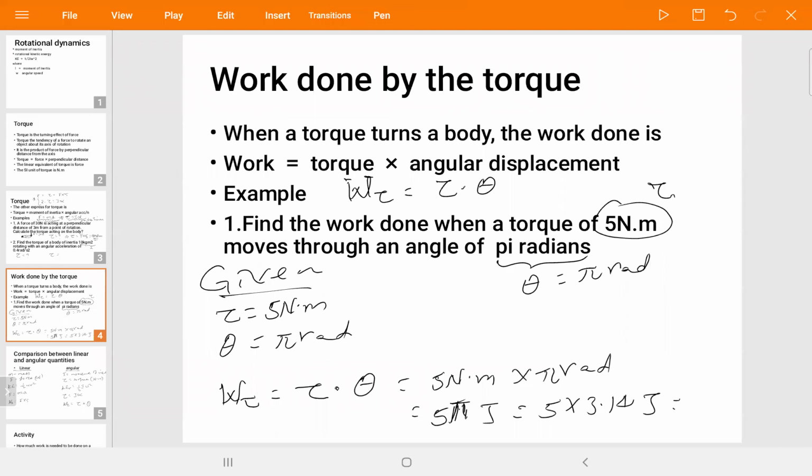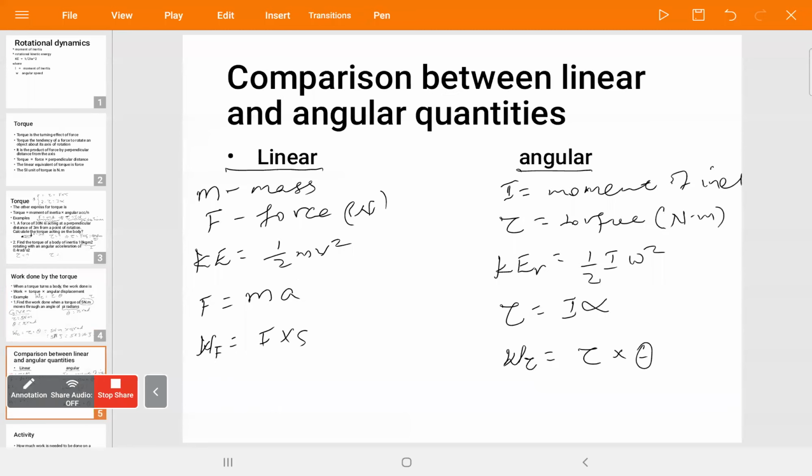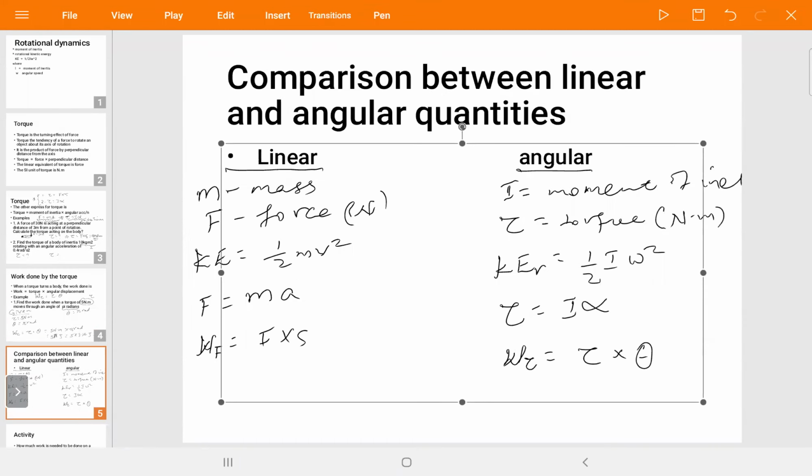The unit of work by a linear force and the unit of work by a torque, for both it's joule.